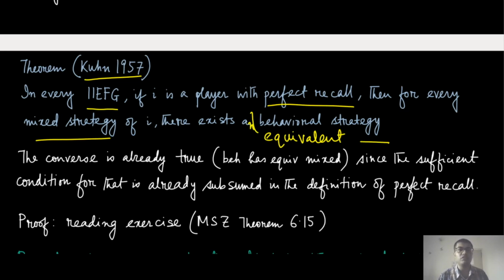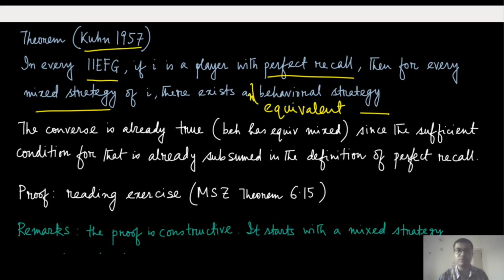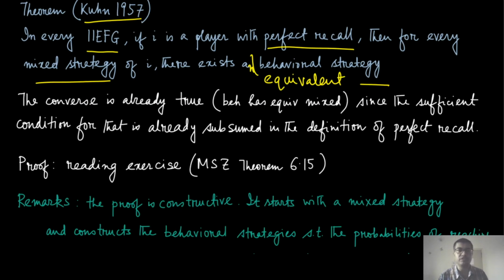Now this also is a kind of a little longer proof, and it actually uses the following idea. The current statement of Kuhn's theorem is just giving an equivalence for the mixed strategy. So given a mixed strategy, you are trying to find an equivalent behavioral strategy, and the proof is a constructive proof.